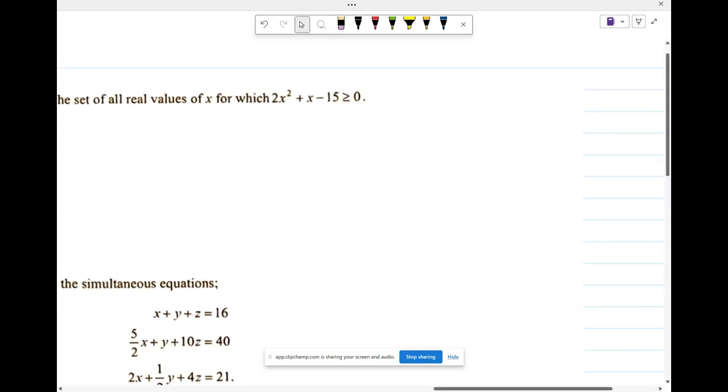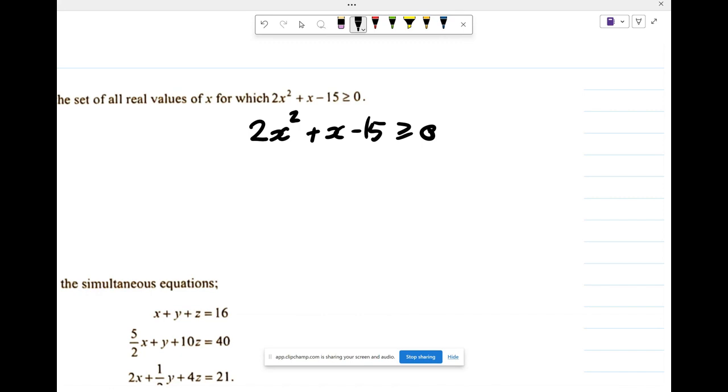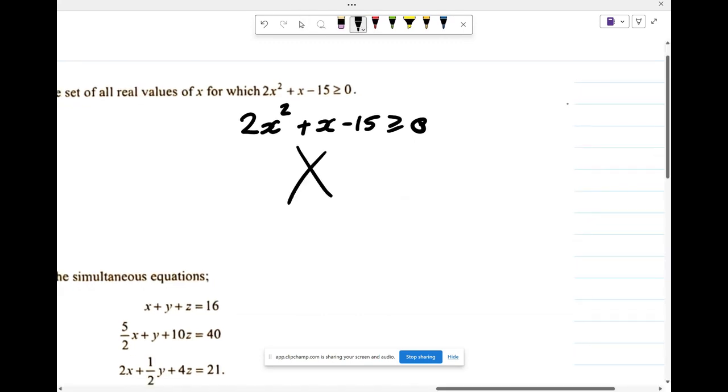So let's rewrite it. 2x squared plus x minus 15 greater than or equal to 0. Okay, great. And let's factorize. So what times what gives us 2x squared? Well, 2x and x give us 2x squared. And what times what gives us 15?